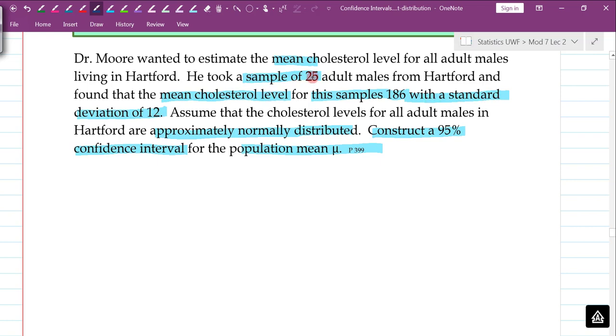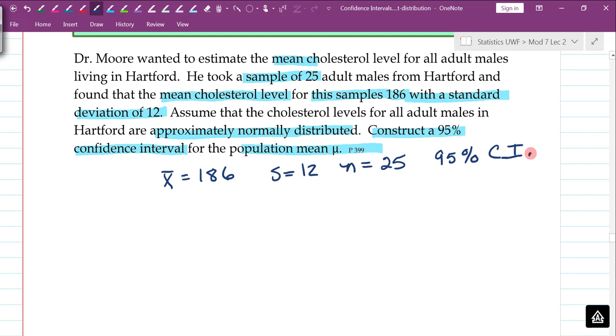So this is definitely X bar that we have. We found out that X bar is equal to 186. We found out that S is equal to 12 and N is equal to 25. Okay, and we're being asked to construct a 95% confidence interval, and I'll just abbreviate that as CI.